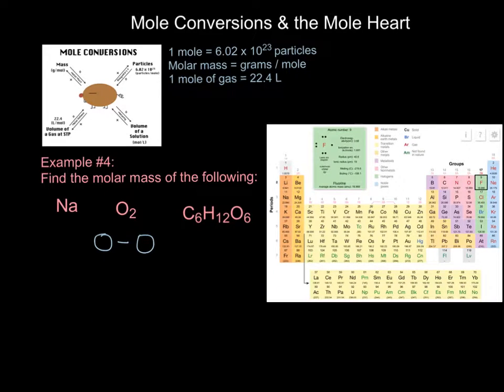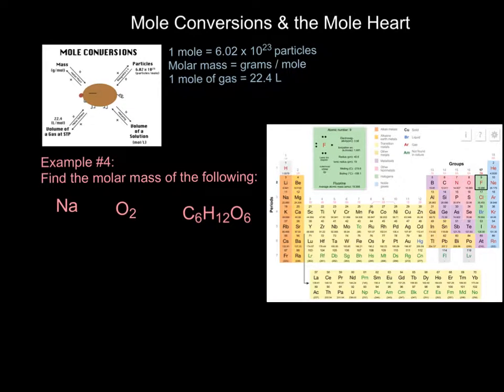And finally, if I look at my glucose, I have a lot more than just 1 element. I actually have 3 different elements: carbon, hydrogen, and oxygen. So I'm going to have to do the same thing that I did with my oxygen gas. To find the molar mass of my glucose, I have to add up the molar masses of each of my individual components. So first I have to look up my molar mass of carbon, which has an atomic mass of 12 AMU.